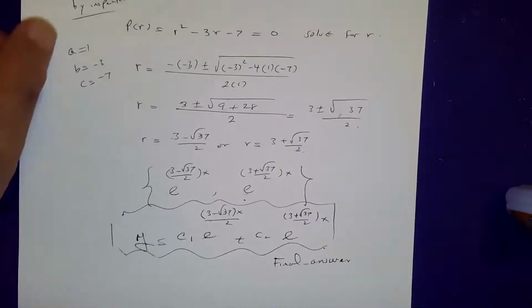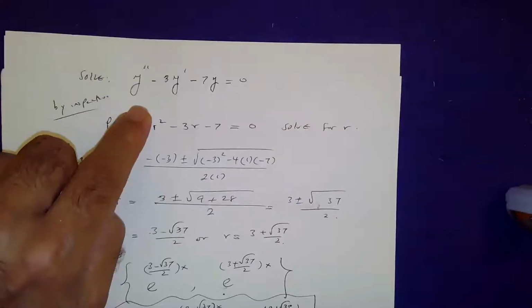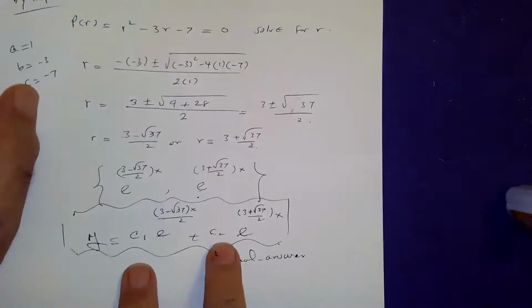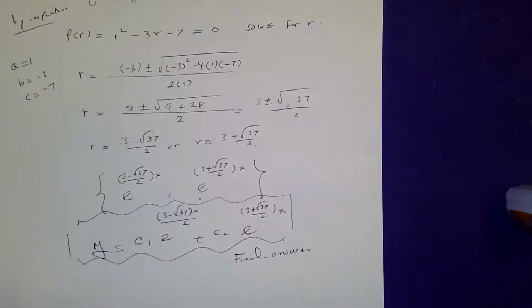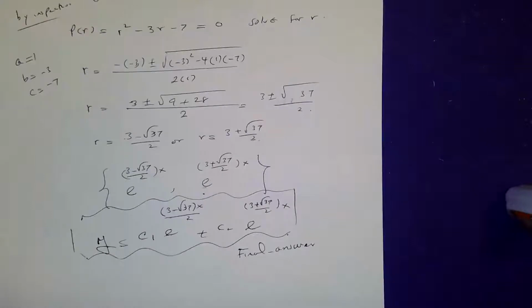A couple of things to note. Because the order was 2, I came up with 2 C's. Also, I came up with 2 fundamental solutions. Do you all see it? So the question is, what if the order was higher than 2? How would you handle those?